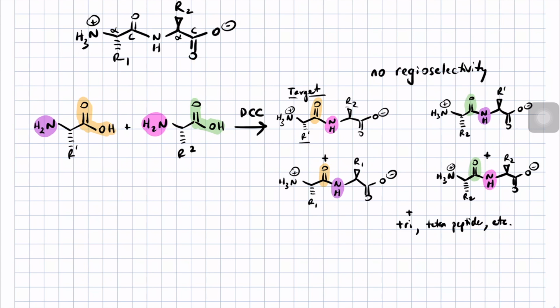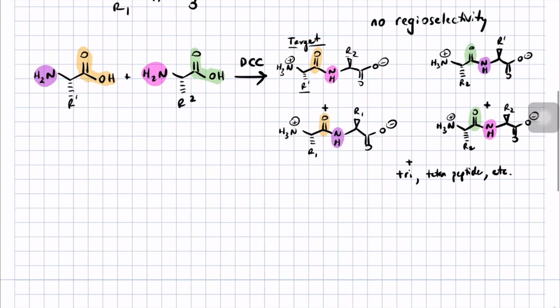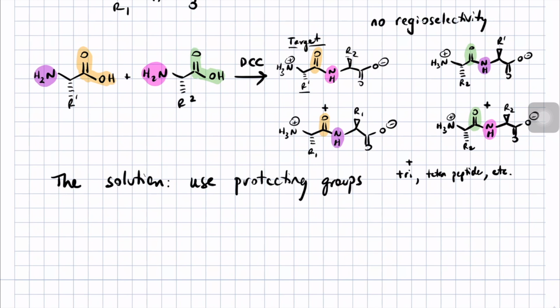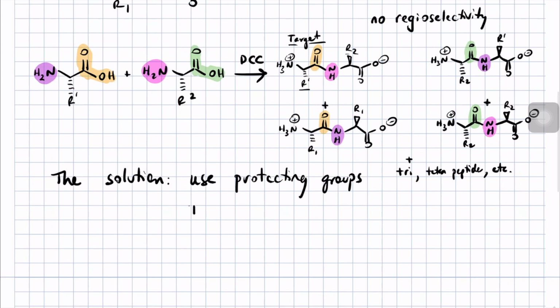So in organic chemistry, when we can't develop selectivity for a particular process, our solution is to use protecting groups. Now, you've seen protecting groups before. We used the TBDMS group for alcohols.